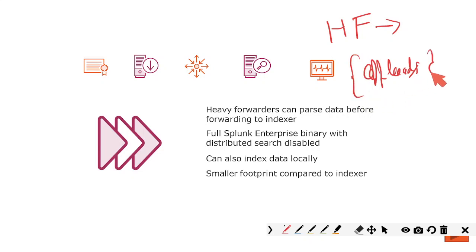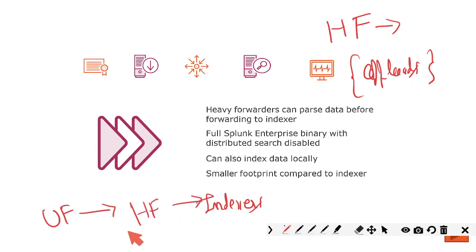We can have a heavy forwarder in between your universal forwarder and the indexers. Here we can make use of the heavy forwarder so that it can do a lot of parsing of your log data, and then eventually send it to the indexers. So it is basically offloading some of the work from your indexer instances. Okay.